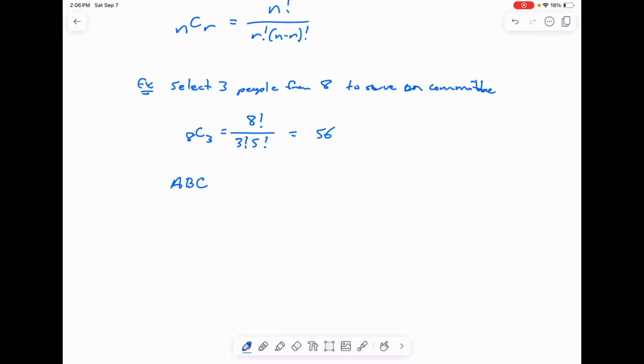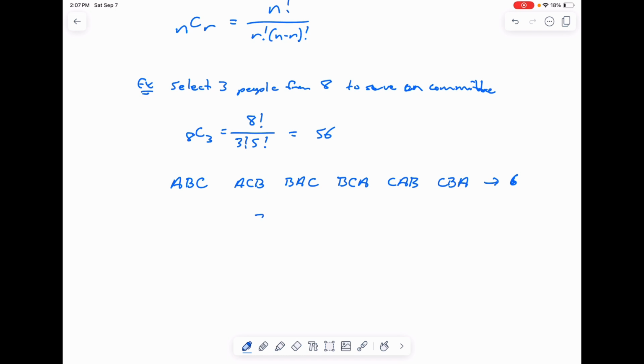They could have been chosen A, B, C. They could have been chosen A, C, B. They could have been chosen B, A, C, B, C, A, C, A, B, or C, B, A. So there are 6 different ways that they could have been chosen. All 6 of those, in the eyes of the problem, are the same. They're still the same committee.